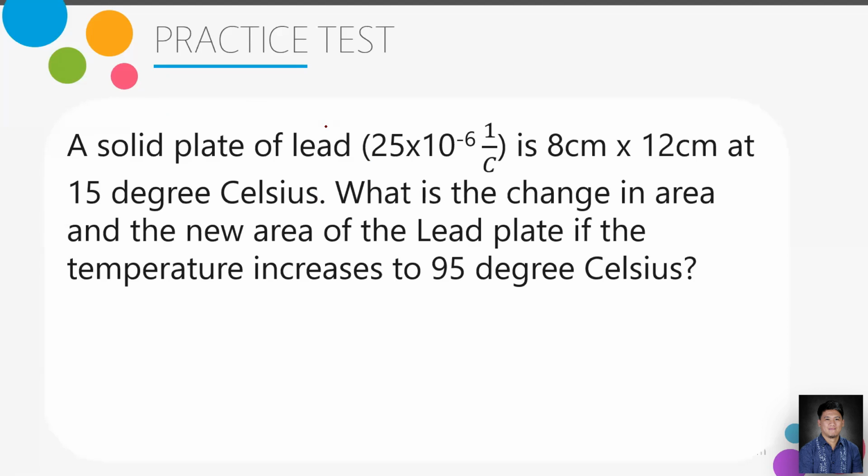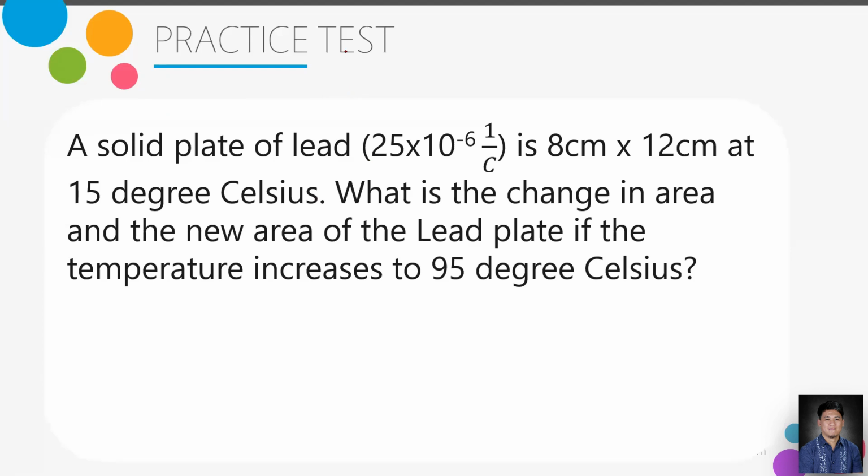Okay, so a solid plate of lead which has coefficient of linear expansion, which is 25 by 10 to the power of negative 6, 1 over degree Celsius, is 8 centimeter and 12 centimeter at 15 degrees Celsius.